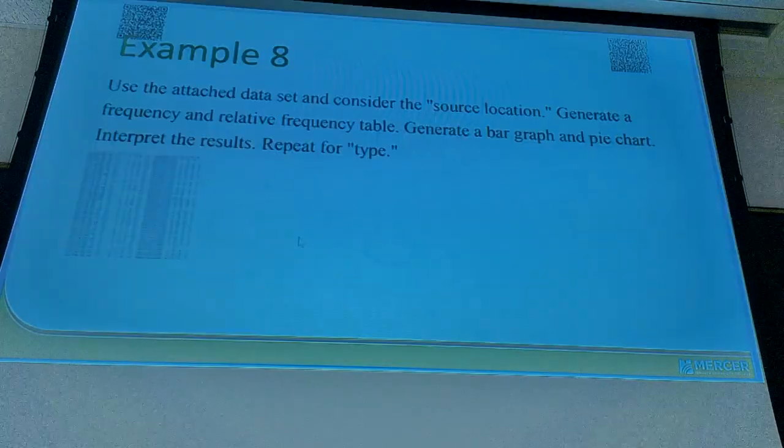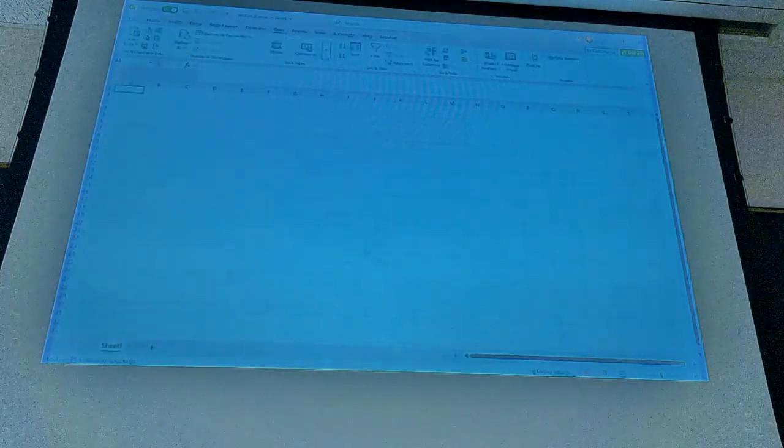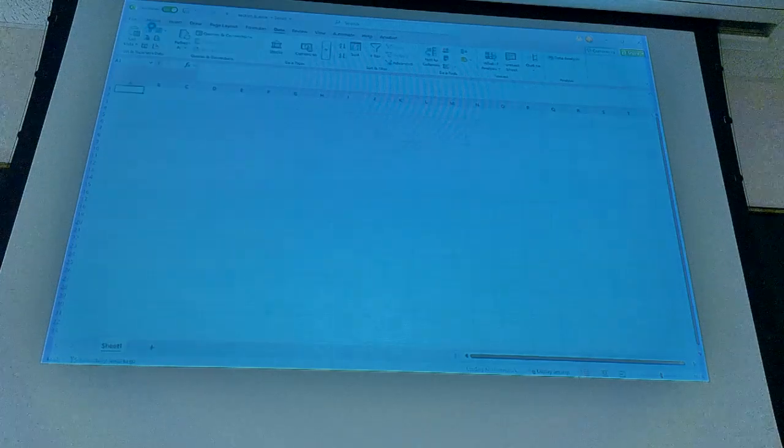So frequency, relative frequency, bar graph, pie chart for the source location. So again, I'll just import data.